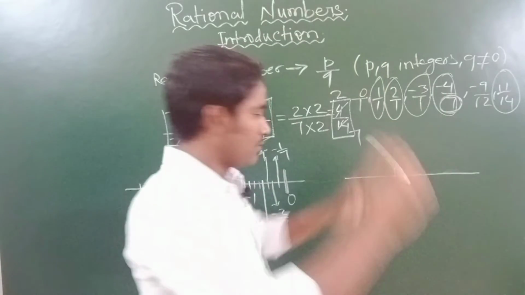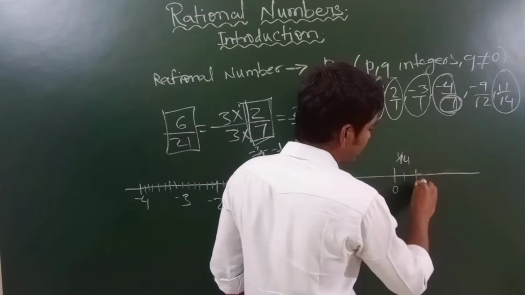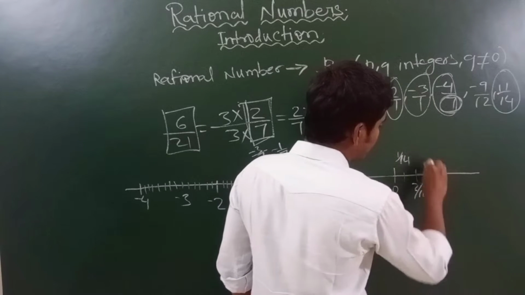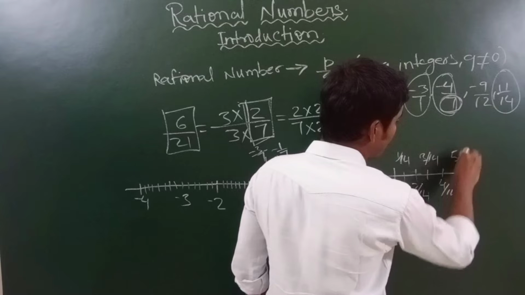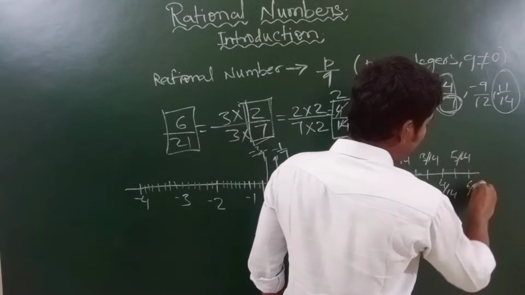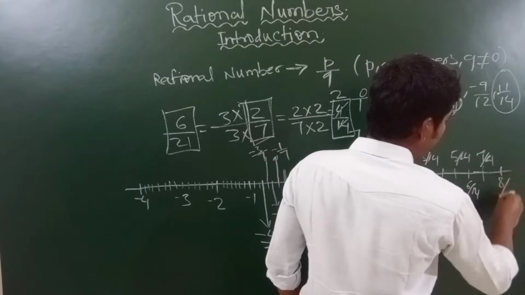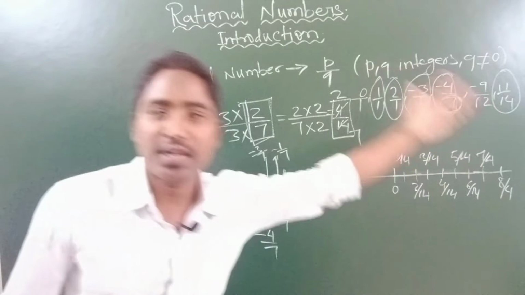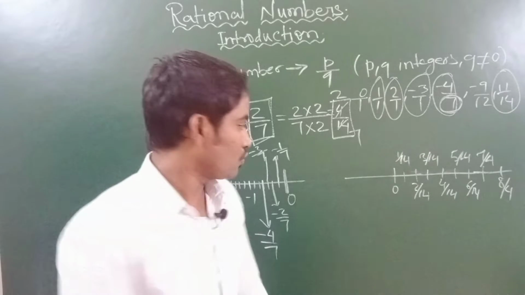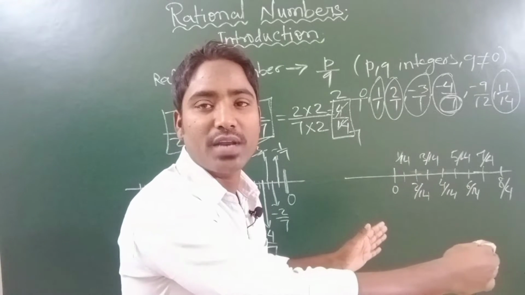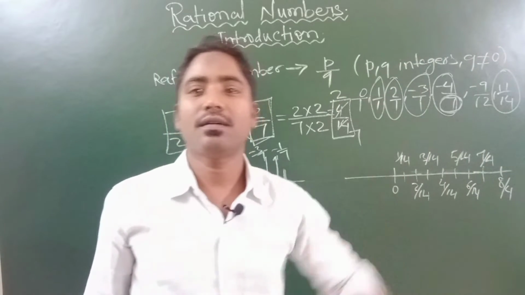What you do is start dividing like this: 1 upon 14, next 2 upon 14, then 3 upon 14, 4 upon 14, 5 upon 14, 6 upon 14, 7 upon 14, 8 upon 14, like this, 9 upon 14, 10 upon 14, and then next will be 11 upon 14. That's all. Otherwise you can have 14 divisions between 0 and 1, and then the 11th division will be your 11 upon 14.